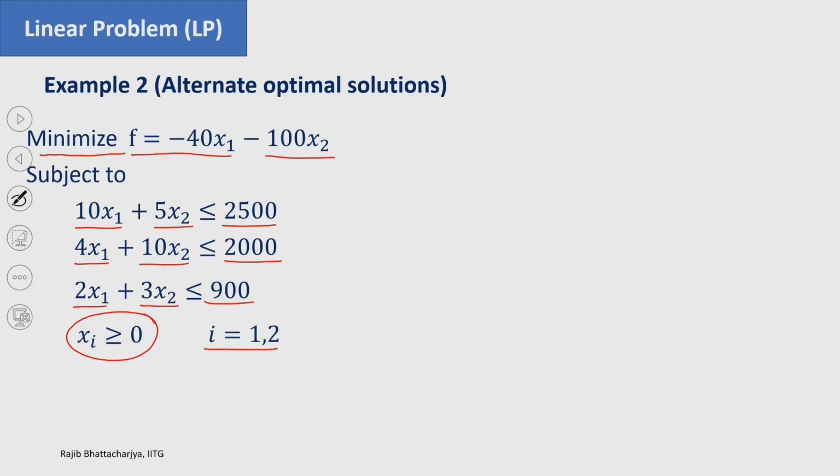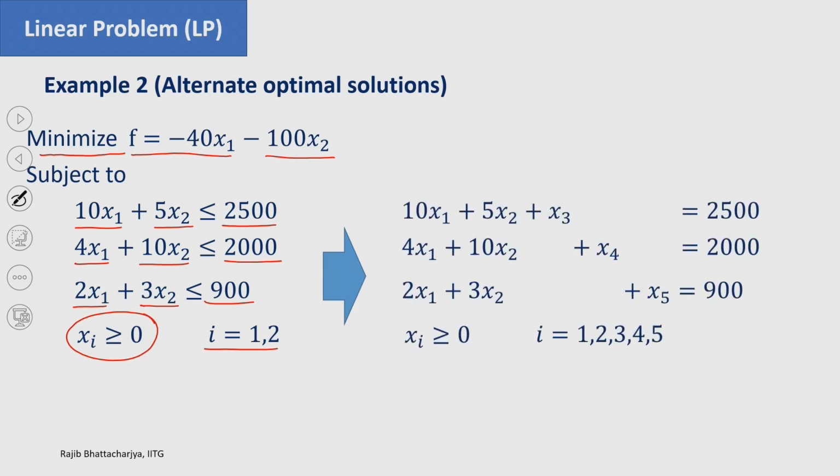So, here we have two variables and there are three constraints. Now, let us convert it to standard form. So, what I will do, I have to put one slack variable here in order to make it equal. So, now the first constraint is 10 x 1 plus 5 x 2 plus x 3 equal to 2500.